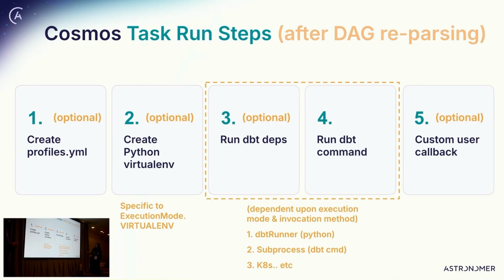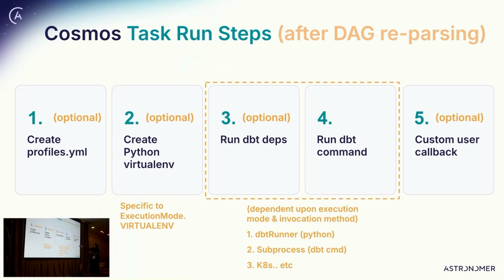Another thing to keep in mind is the flow in Cosmos when we run tasks. Every time a task is run, again, we may be creating the profiles YAML, then we may create a Python virtual env if people opted for the virtualenv execution mode. We may have to run that because there is no guarantee the worker node or the Kubernetes pod has the dependencies installed. Then we would be running the desired dbt command.